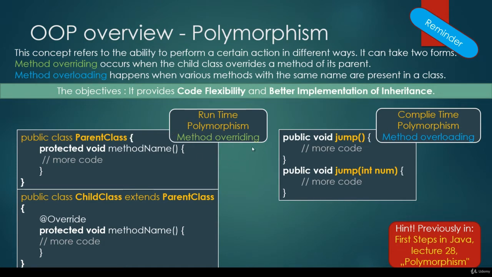Method overriding is called runtime polymorphism: we have a protected void method and in the child class we are able to override that given method. And we have compile time polymorphism, basically method overloading, when we can create the same method with different parameters. The objectives are that it provides code flexibility and better implementation of inheritance.